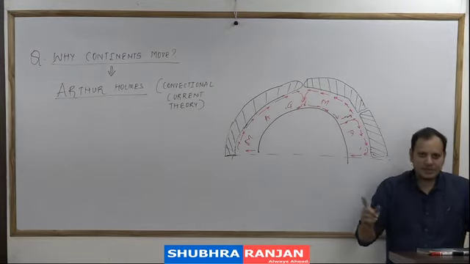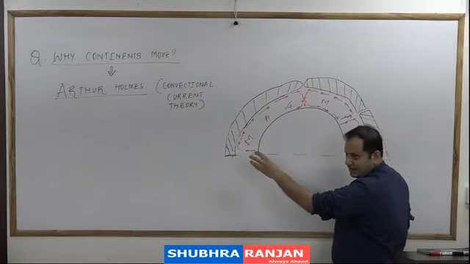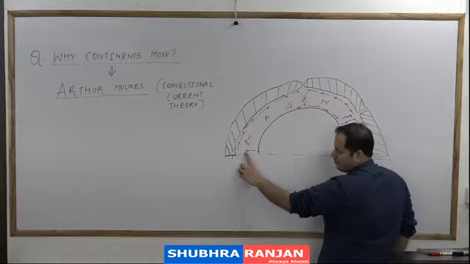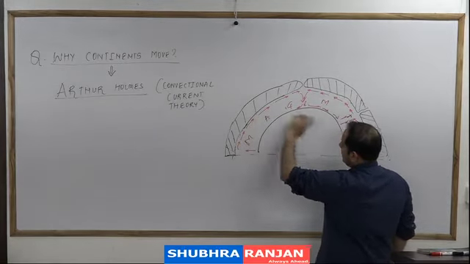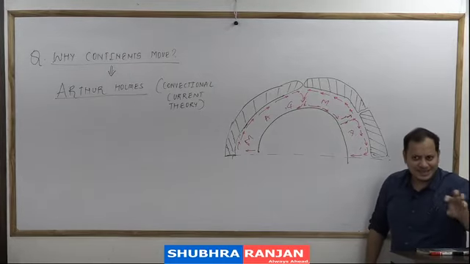So what is happening here? Convectional currents are rising from the heated mantle. When they are rising from the heated mantle, you can see one part of my convectional current is going in this direction. There can be some other convectional currents because convectional currents can rise from many places.